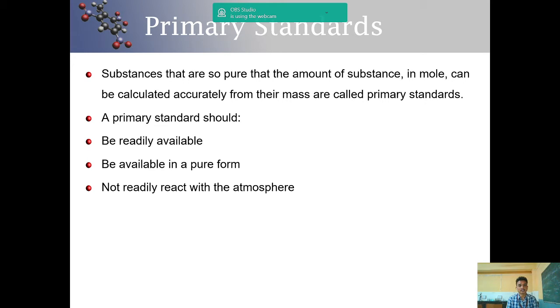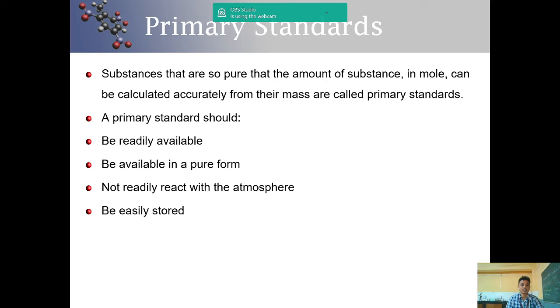The next requirement is that a primary standard should be easily stored. This is also a very important feature. It should be readily available, exist in pure form, and not react with the atmosphere, and we have to store it in the laboratory, so storage should be easy.